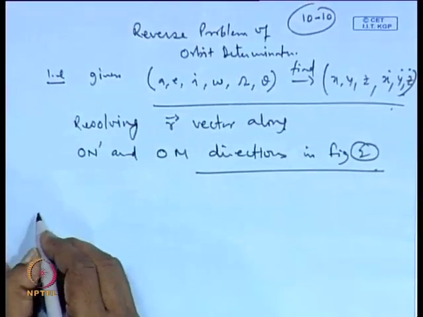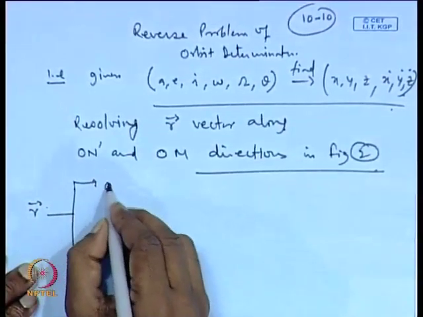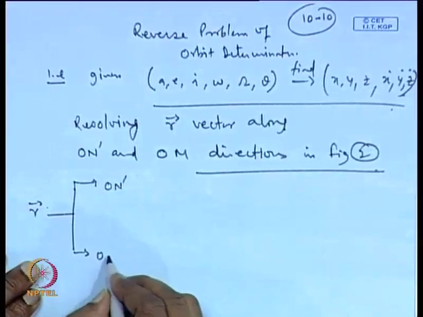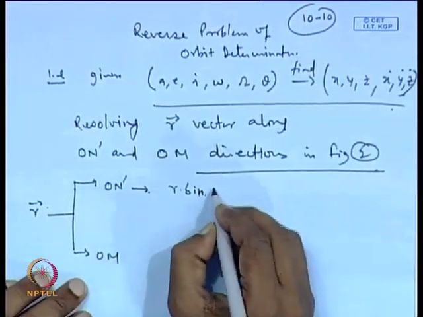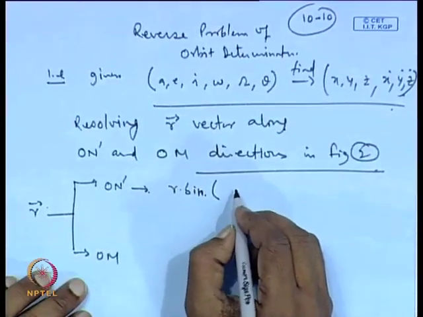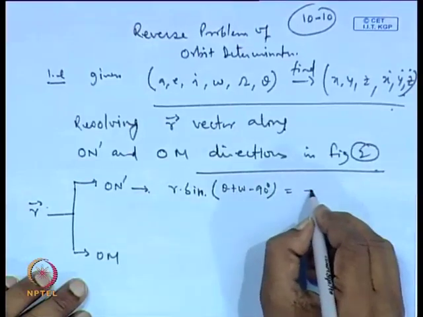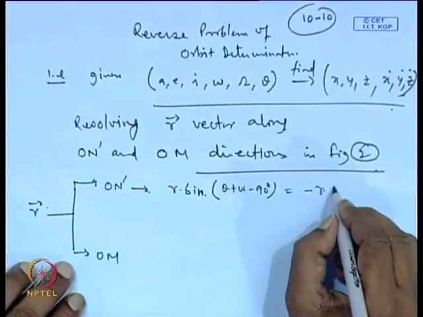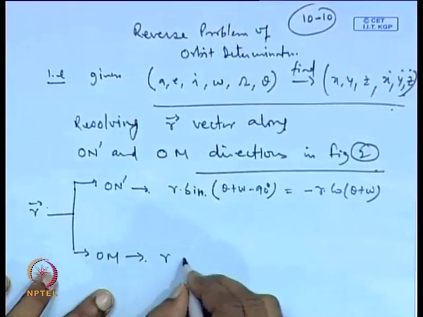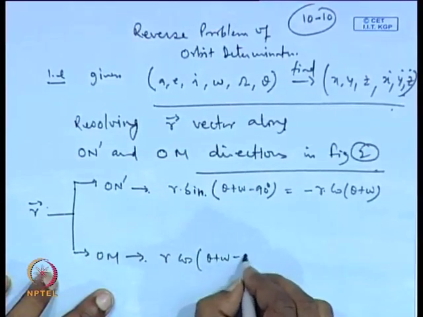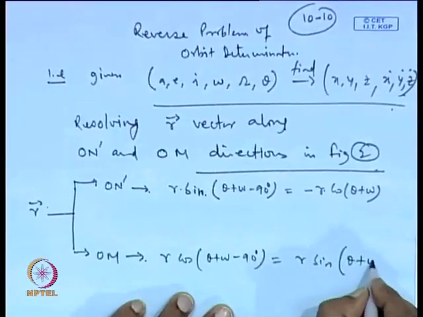So, this will give us r sin of theta plus omega minus 90 degree, this is equal to minus r cos theta plus omega. Okay. Similarly, this will give r cos of theta plus omega minus 90 degree. So, this gives us r sin theta plus omega.